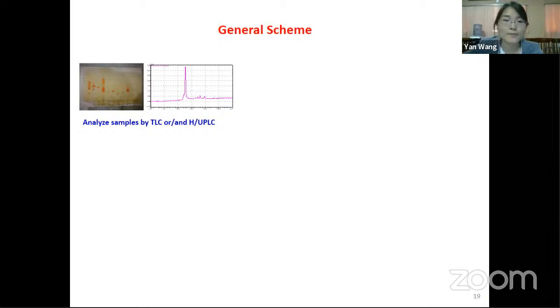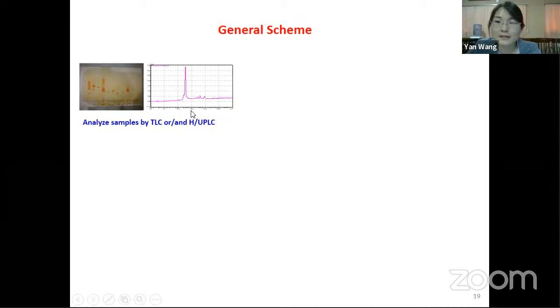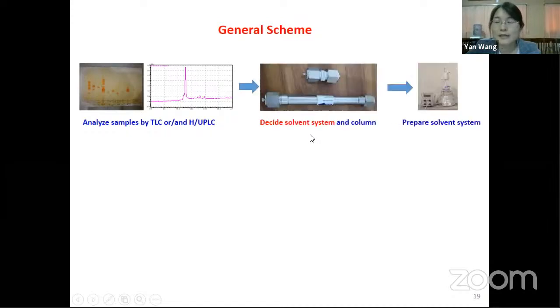For the sample, the normal way in the lab is to run TLC or analyze by analytical HPLC. We are not going to inject the sample without any information. If you have no idea about the sample, how can you inject it in the preparative HPLC? We have to analyze clearly, then we decide what to do.